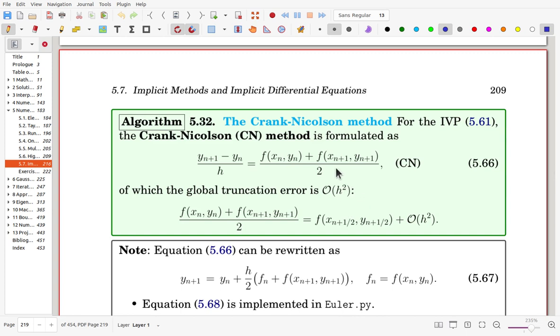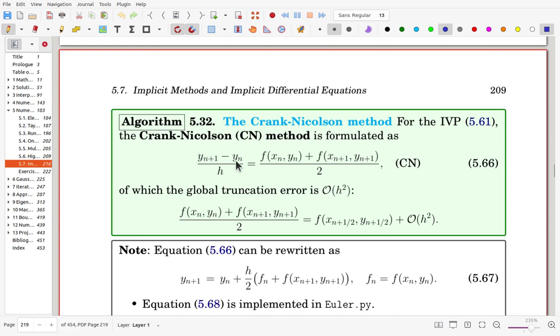You should notice that this right side is now at the mid-level. x_{n+1/2} means the midpoint of x_n and x_{n+1}, and this average value is the mid-level value plus order h squared, so that Crank-Nicolson is formulated on the midpoint in the x direction.